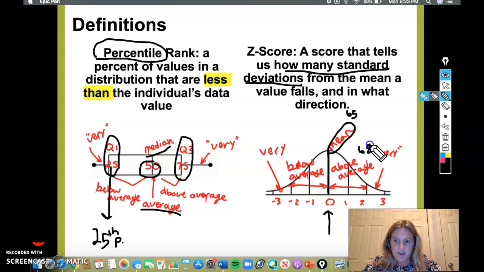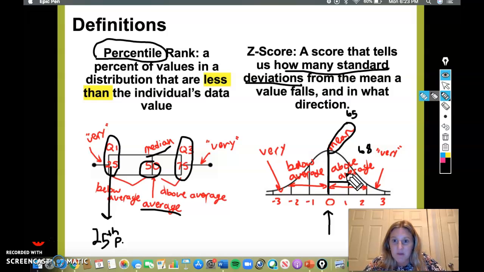The Z-score is going to tell you that you're 1.3 standard deviations away from the mean in a positive direction because you're above average. You're 3 units taller than the average, so maybe your Z-score is about 1.3. That tells me you're 1.3 standard deviations away from the mean.